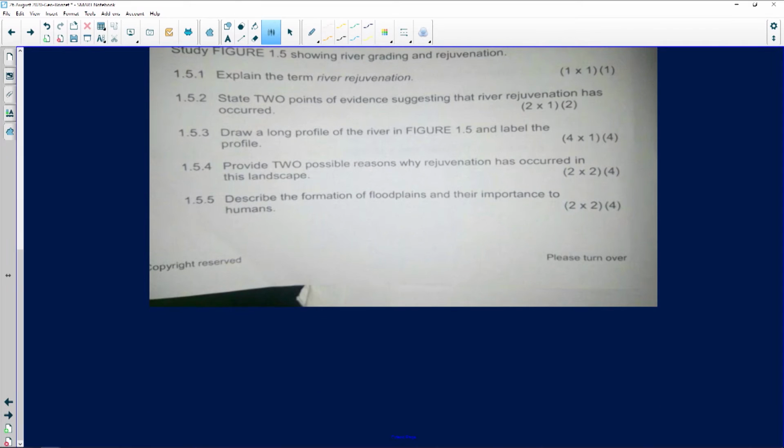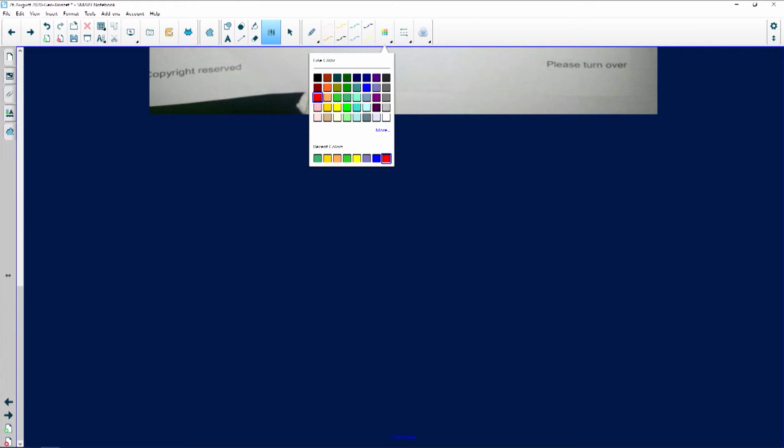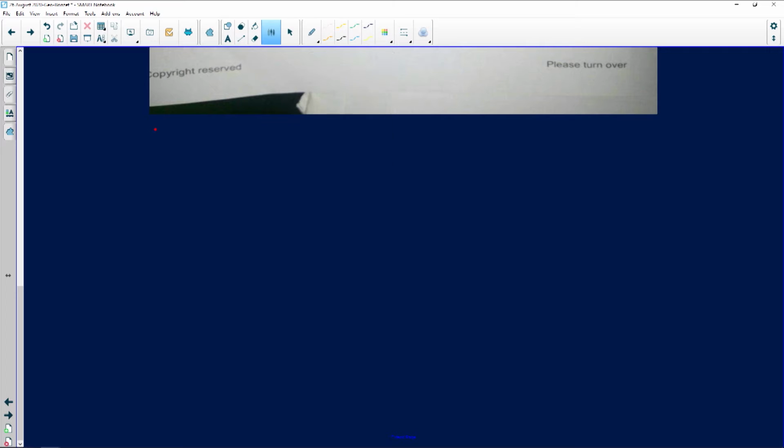What's the difference between a graded river and an ungraded river? I'm going to show you two longitudinal profiles of a river, and I'll explain why it's so important. When we look at a graded profile, it's a beautiful longitudinal profile. It's concave in shape and beautifully smooth, from the source to the mouth.